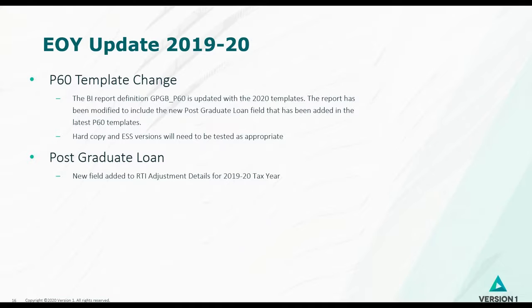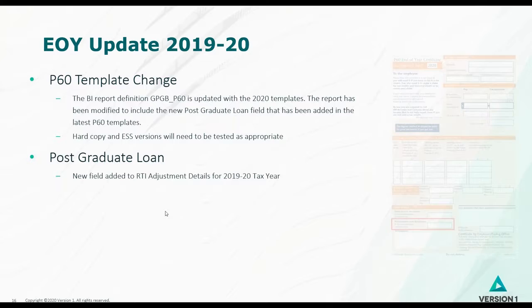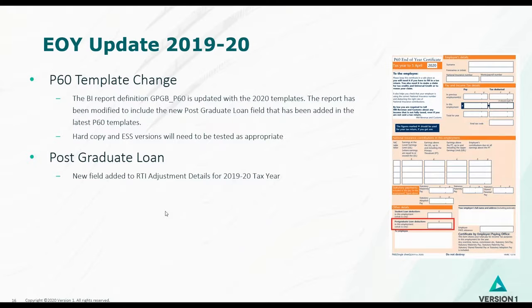Towards August, September last year, there was an update released for the P60 template for the 2019-2020 tax year, which includes a new field, as you can see there, for the postgraduate loan deductions that may well have been recorded.